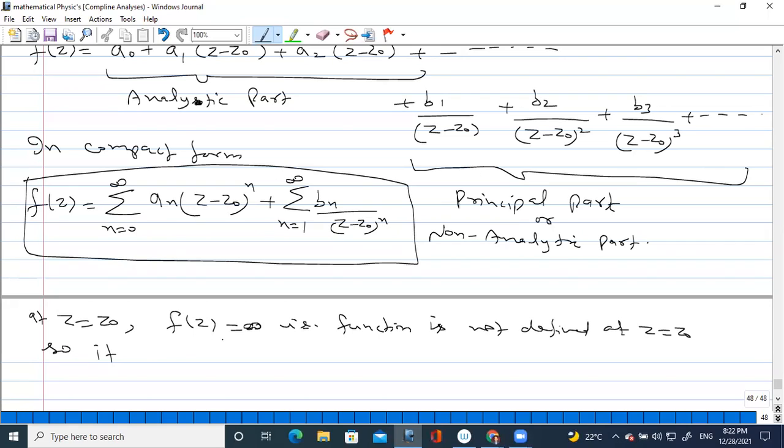Singularity or pole are the points where the function is not defined. So it is known as a singular point.